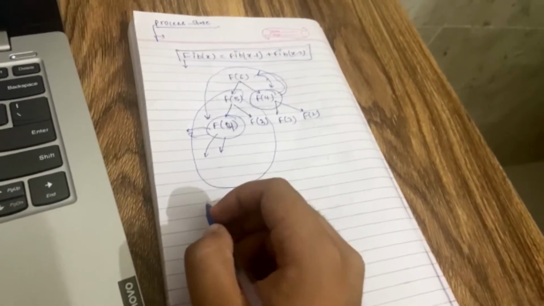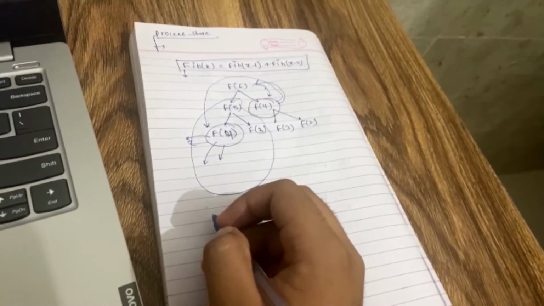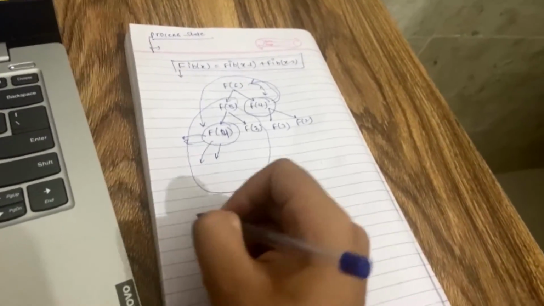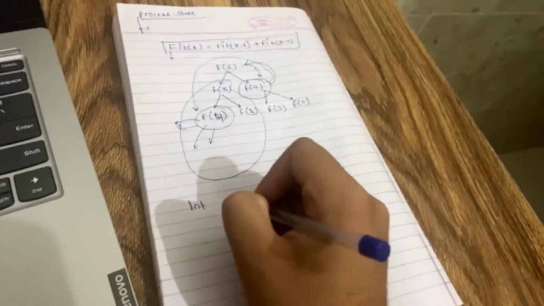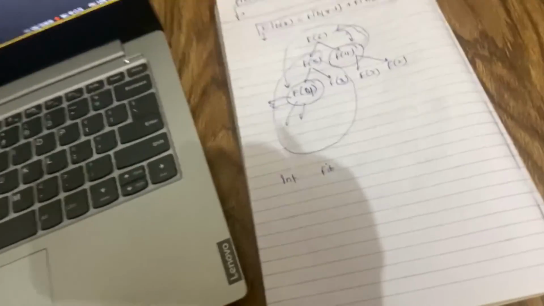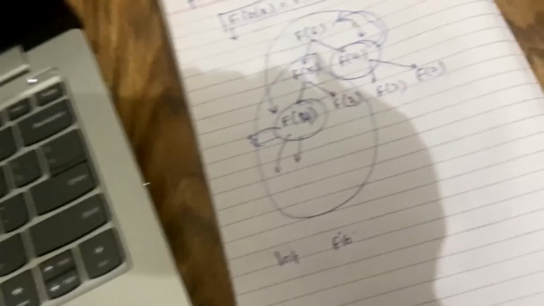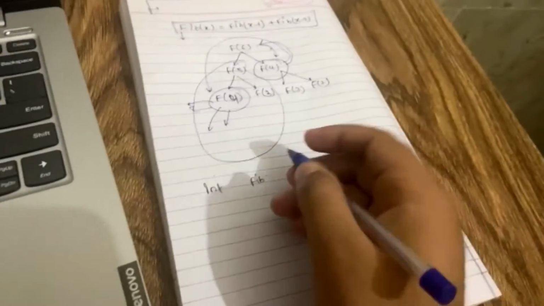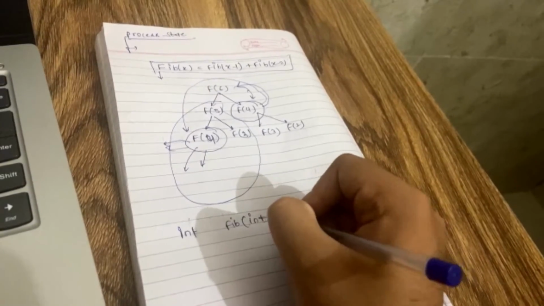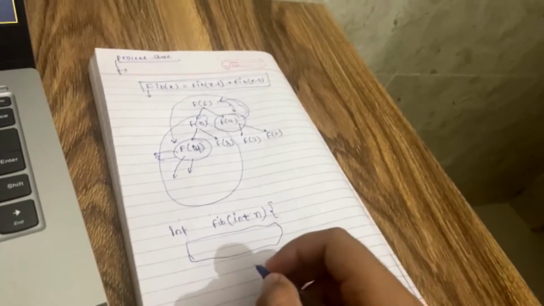Okay, so here I can talk about what the code is. The code is like an integer function for Fibonacci. We want to find fib of n, so we need a base case, because we have to stop the recursion.